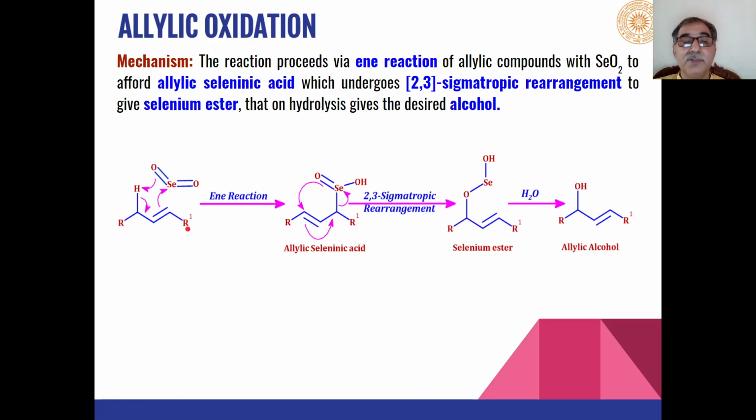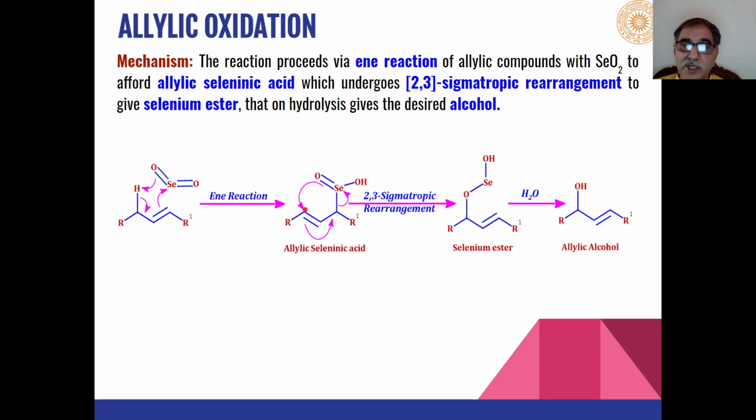The mechanism of this reaction is that selenium dioxide takes up the hydrogen present at the allylic position like this, and there will be a shifting of this double bond. This will create a double bond over here, and selenium will get attached to this, and we will get this type of allylic selenic acid as the intermediate. Then this allylic selenic acid will undergo a 2,3-sigmatropic rearrangement like this.